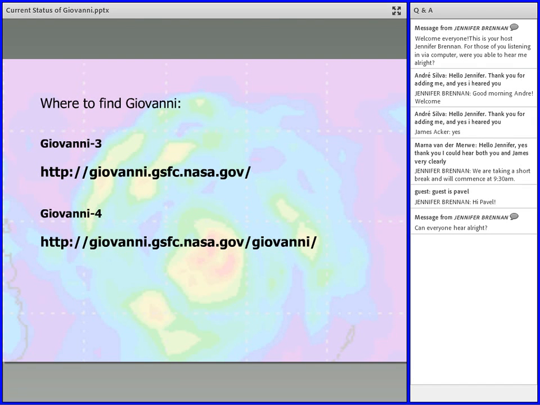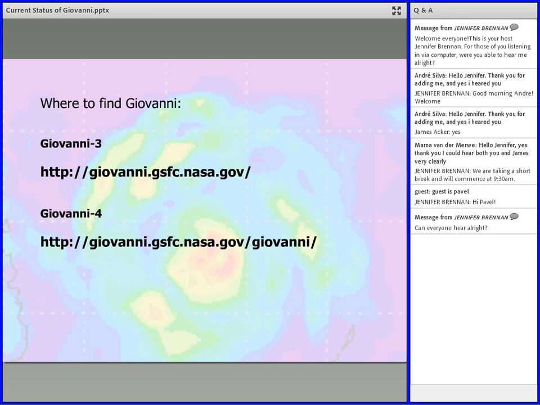If you don't know already, I assume many of you probably do, Giovanni is located on the internet. It's a web-based system, and the URL for Giovanni is http://giovanni.gsfc.nasa.gov.